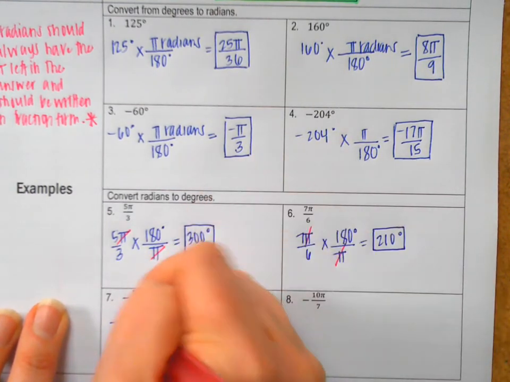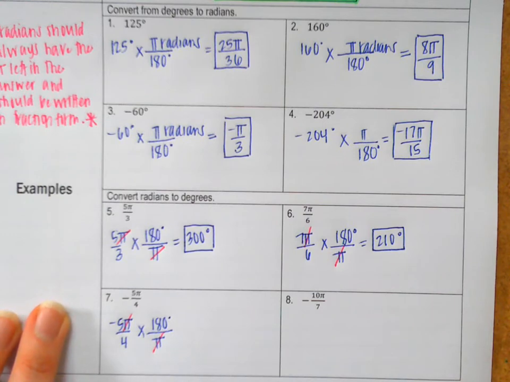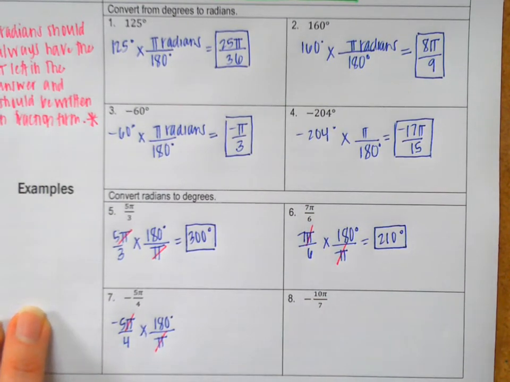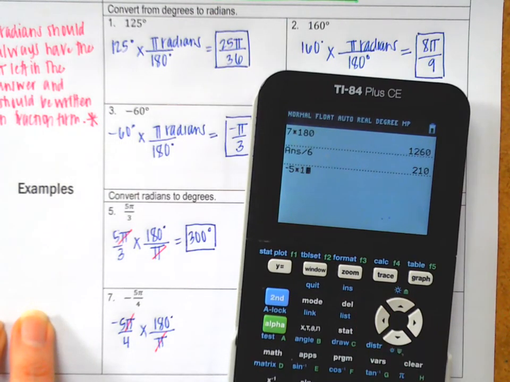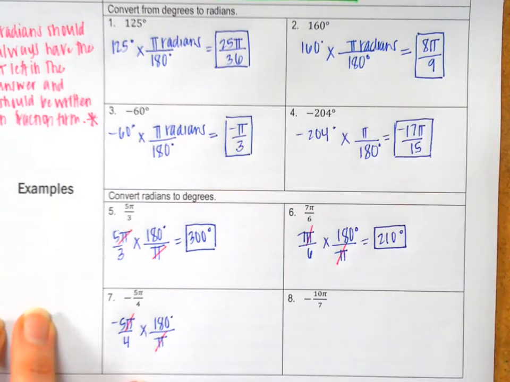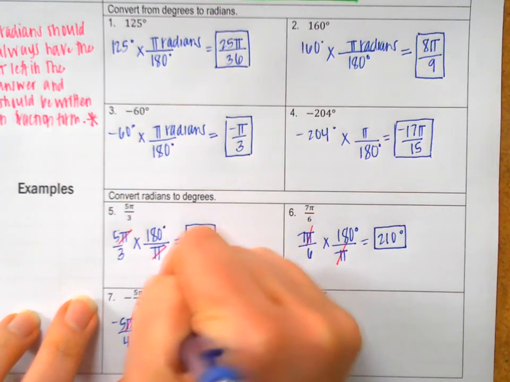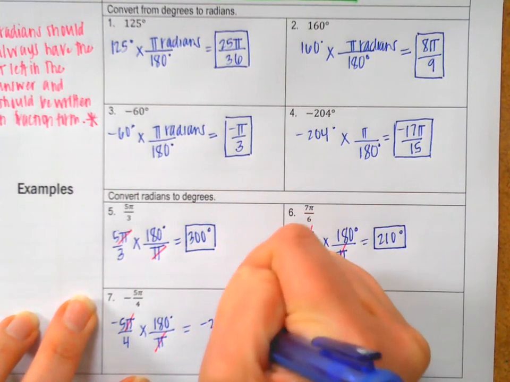The pi's are going to cancel. Pi over pi is 1. Then we multiply using our calculator. Negative 5 times 180 gets me negative 900. Divide by 4, I get negative 225. That's my answer. So far, so good.